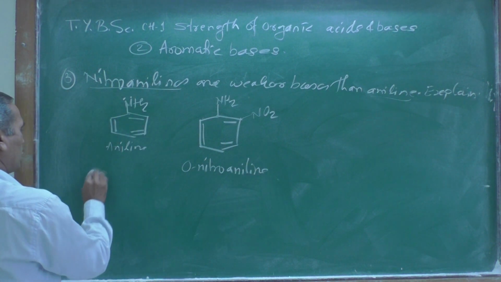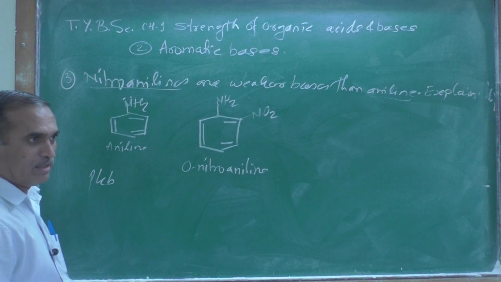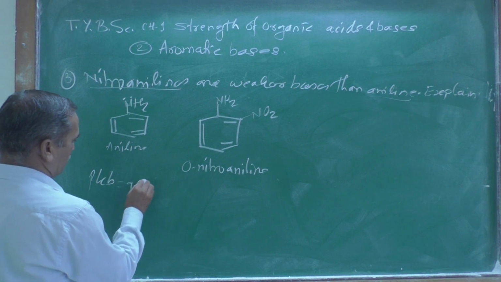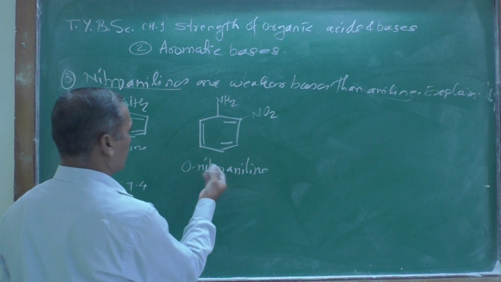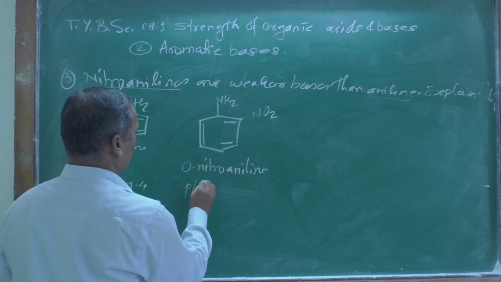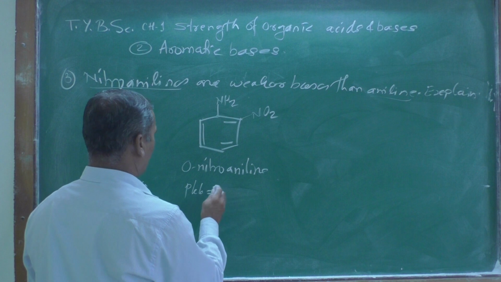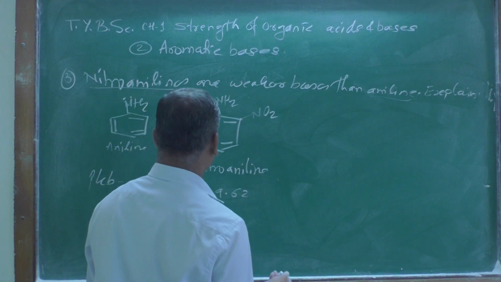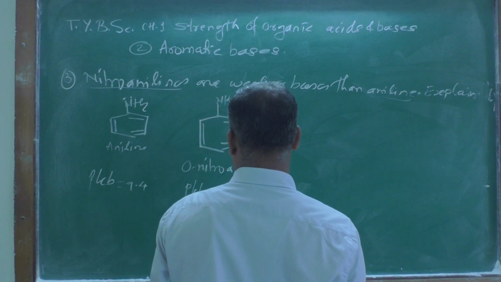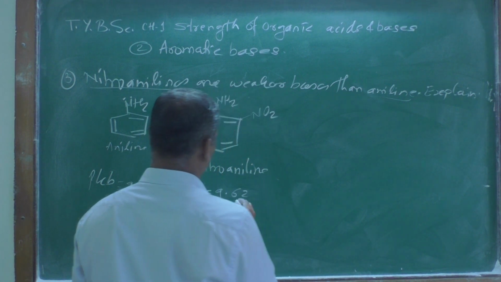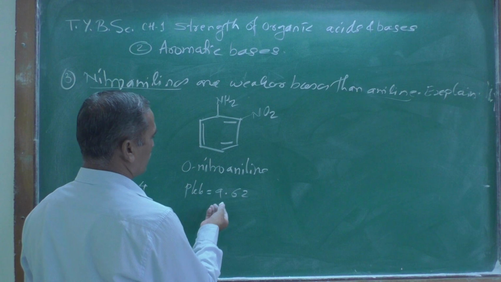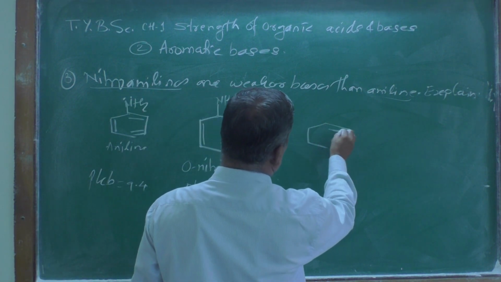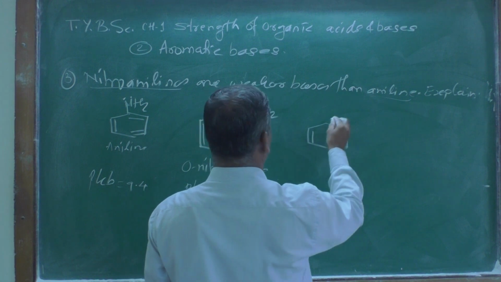As we know that the pKb values are 9.4 here, and for this one the pKb value is 9.62 or something, roughly I am giving these values.